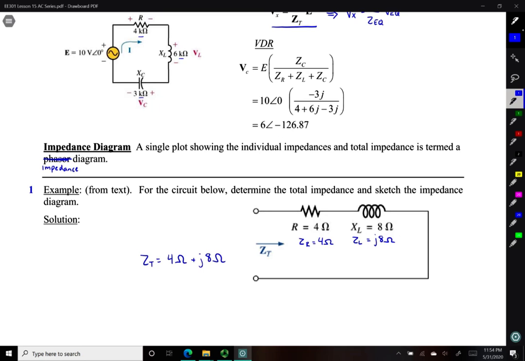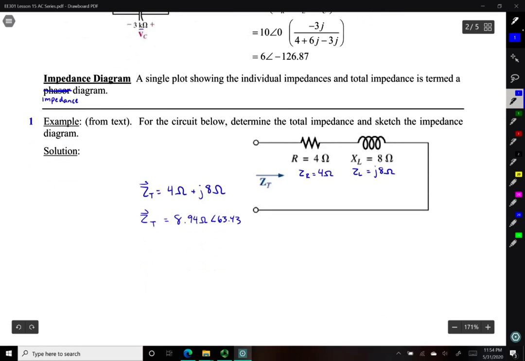And if I wanted to, I could rewrite this in polar form, and you would come to 8.94 ohms, angle 63.43.